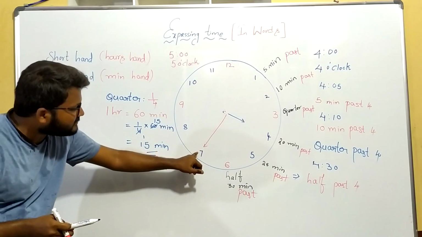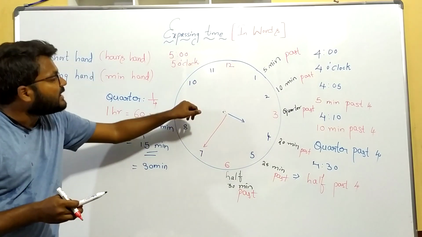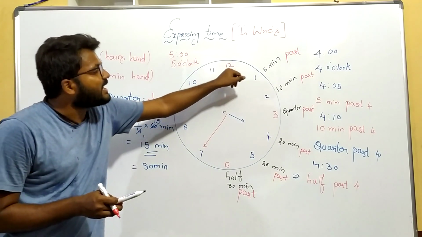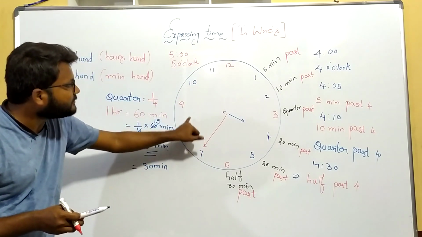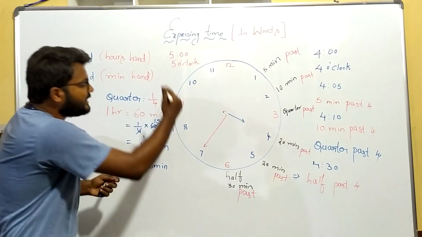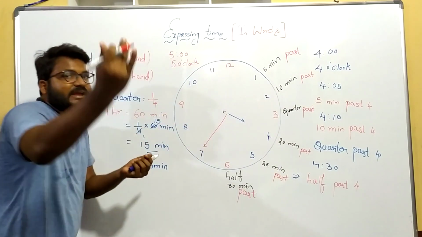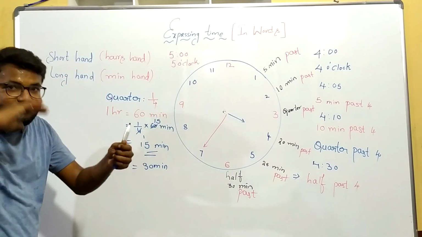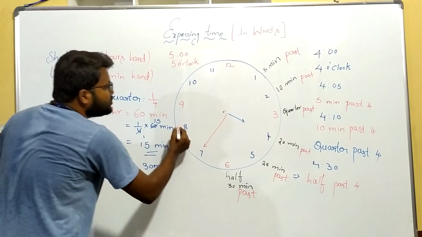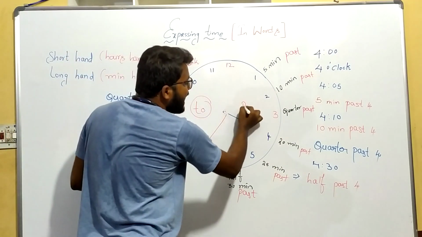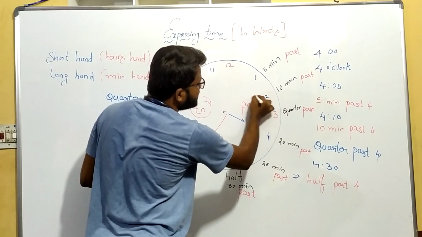Now to come to 5 o'clock, how many minutes are required here? When it goes from 7 to 8, 5 minutes. Again here 5 minutes. 9 to 10, 5 minutes. Again 5 minutes, again 5 minutes. Totally 5, 10, 15, 20 and 25 minutes. So when we enter the next half rotation, we represent that as 'to'. Until here we mentioned 'past'.